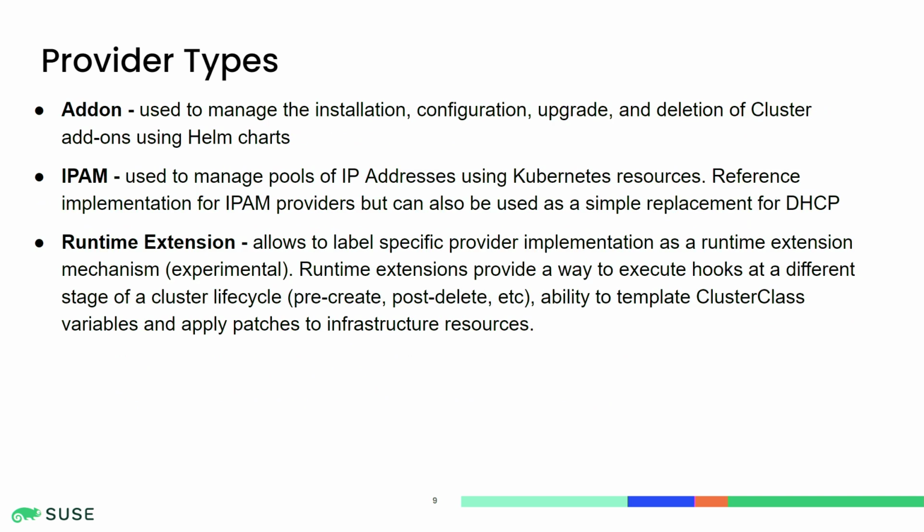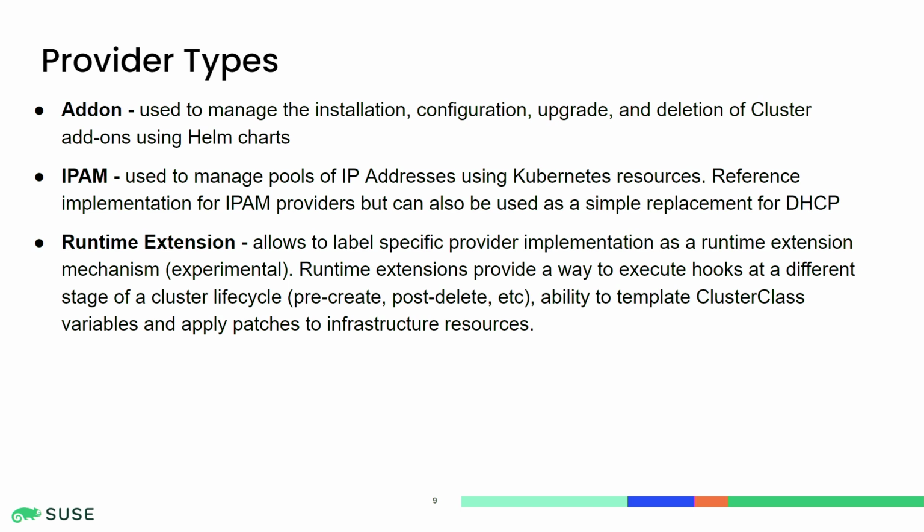And some other ones, which are nevertheless important, add-on, IPAM, and runtime extension. Those are experimental so far in upstream, but you can bring some things like, I'm going to show this add-on provider for Fleet, which will integrate Fleet within the Rancher cluster with cluster API, allowing you to automatically provision applications inside the cluster once the cluster is bootstrapped, which can be useful.